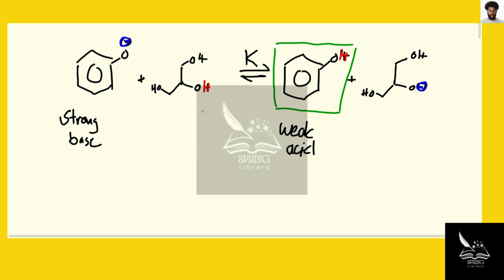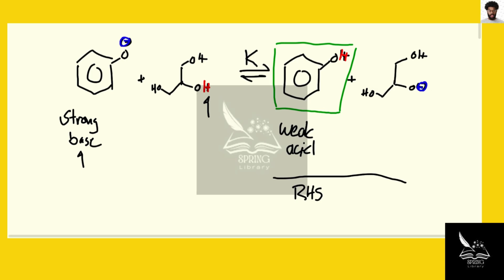Okay. So this is telling us that the right-hand side is more favorable, right? Why is that? Well, a strong base is going to be more likely to steal a proton, right? And a weak acid is going to be less likely to give up a proton, right?